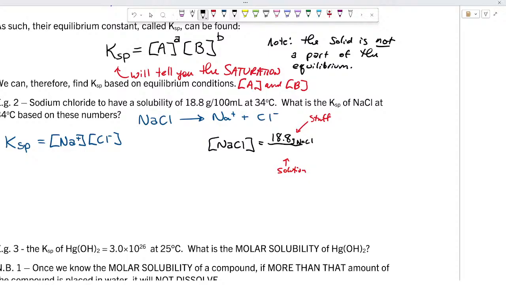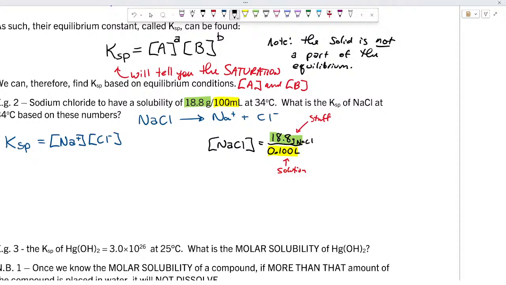Okay, I can actually do this in liters. Is everyone comfortable with that? What's 100 mL as liters? 0.100. If you're not comfortable with that, you could just do another step in your dimensional analysis. Does that make sense? But if everyone's reasonably okay with 100 mL being 0.100 liters, we'll go like that.